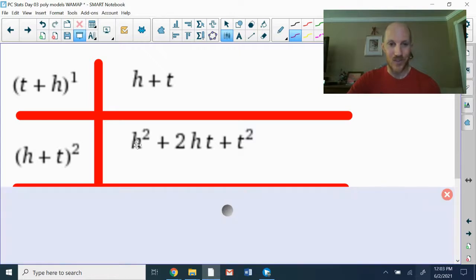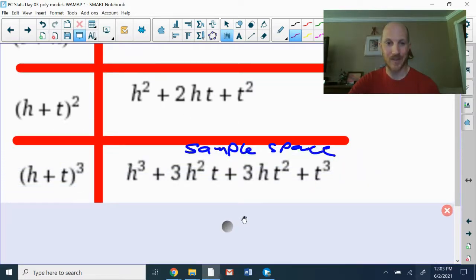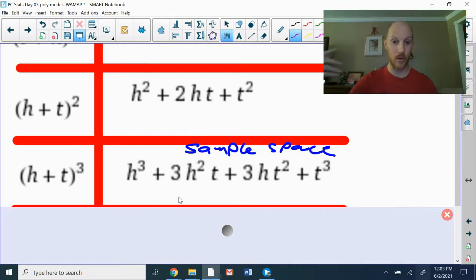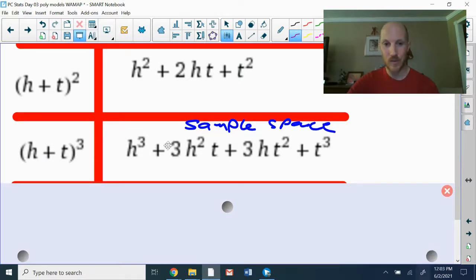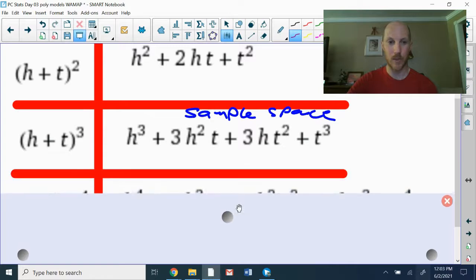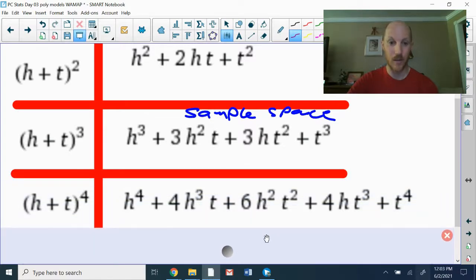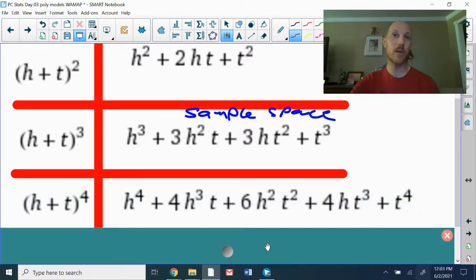And then we could take this answer and multiply it by h plus t again. With a larger multiplication box, we got our next answer. And then we could take this result and multiply it by h plus t yet another time, and an even larger multiplication box to get the next outcome.